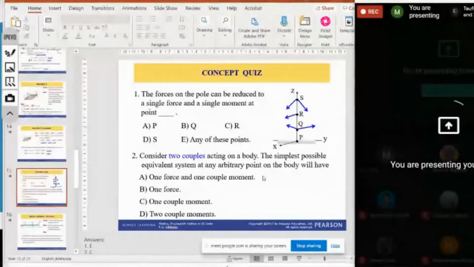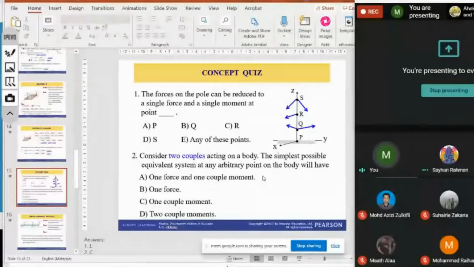So you are not sure which one? I mean, my answer is one couple moment, but I'm not sure if it's right in this case. Yes, of course, because this actually tests more on the understanding of couple, what makes a couple, as well as the meaning combined with the equivalent system.